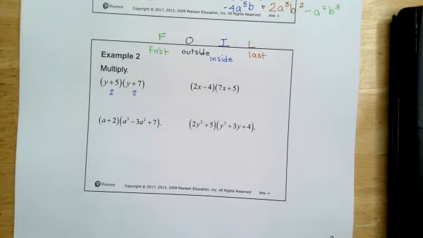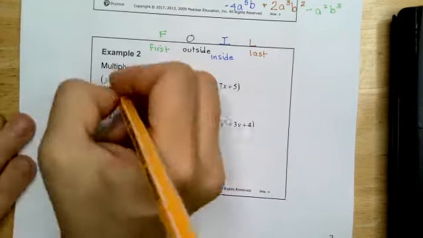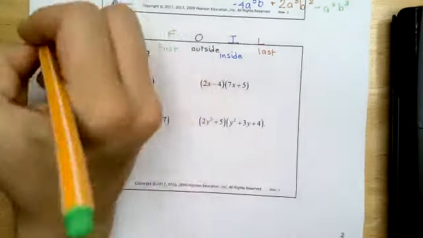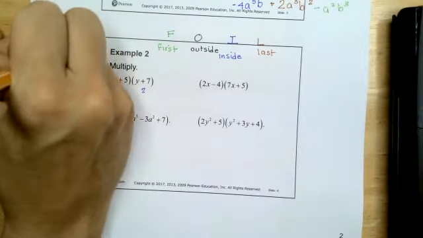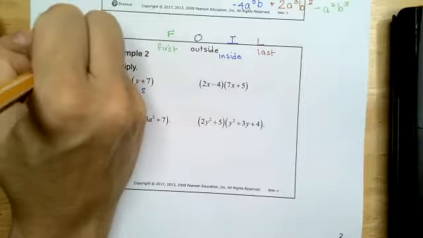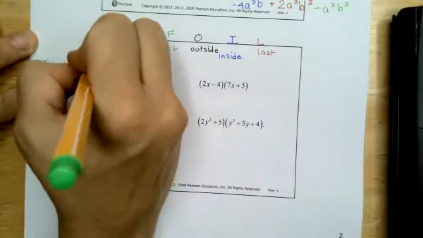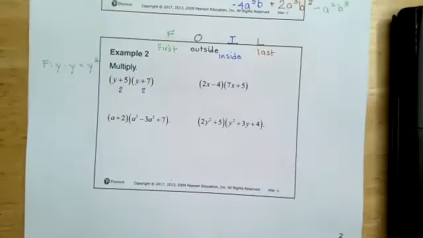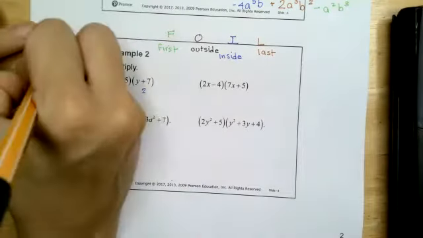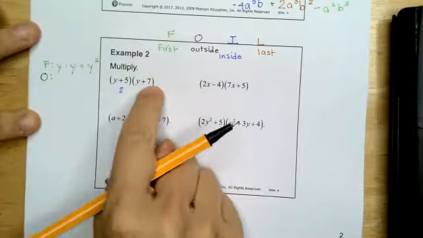Good. So if I was to work FOIL for this first one. My first is y times y, right? Y times y is y squared. My O, or my outside terms, are y and 7.